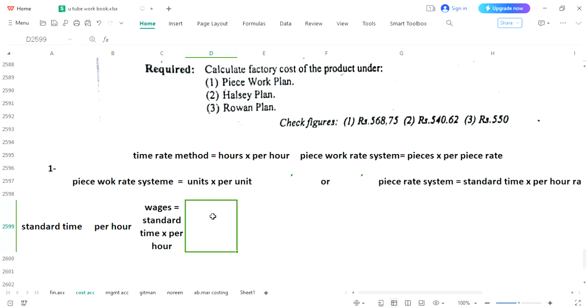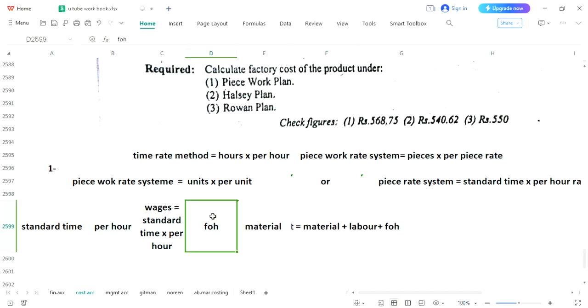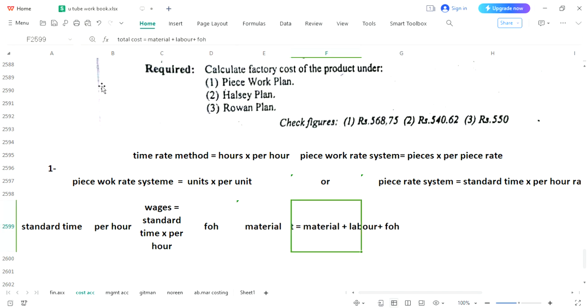So wages we will calculate in this way, and then we will calculate our FH. Finally, we will look at material, and total cost will be calculated by adding material and labor or wages, and finally FH would be added to calculate your total cost.